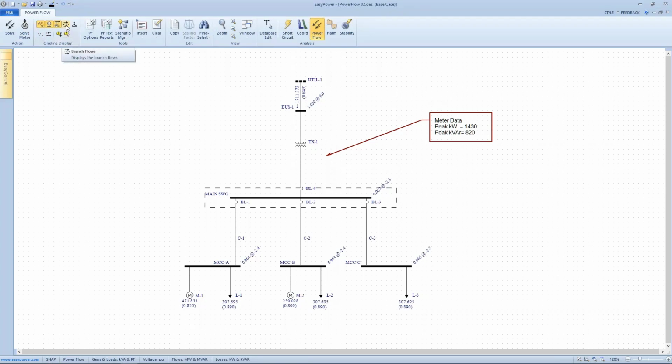Likewise, we can look at branch flows. At some point in time, I may want to go out and make measurements at each of these branch conductors or panels and balance that out or incorporate those differences to better refine what my PowerFlow results are. So the bottom line here is that this is not a standalone situation.